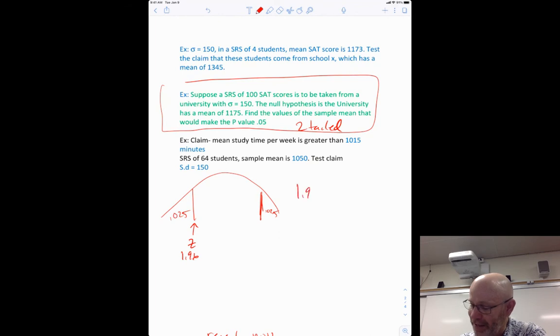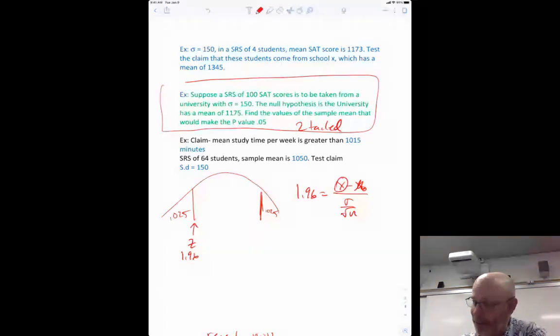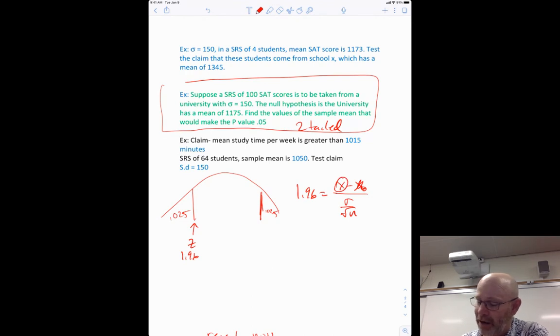So I'm going to take that test statistic and shove it into my formula, because the question was find the values of the sample mean, right? Here we go. 1.96 equals x, really that alone, minus what we expected to get.